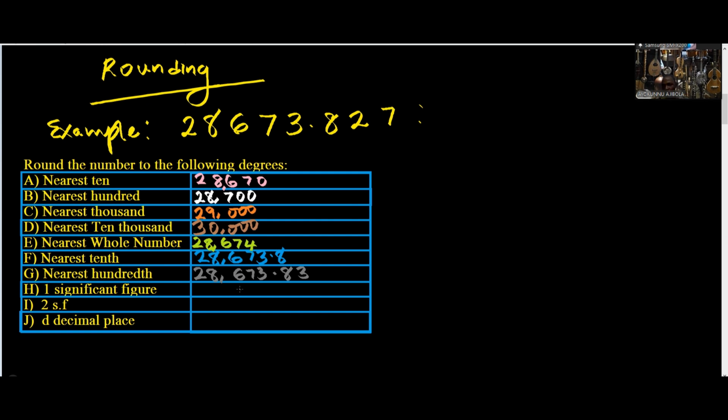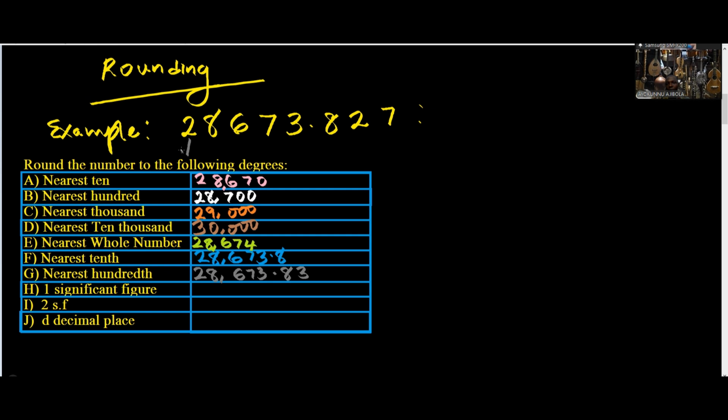Then the next one that says one significant figure. Now, which of the numbers is the most significant? That is the highest place value. That is the ten-thousands, and there are two ten-thousands there. The highest place value is the ten-thousands, because this is thousands, this is hundreds, tens, and units.